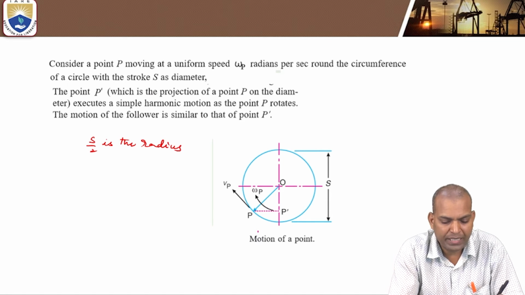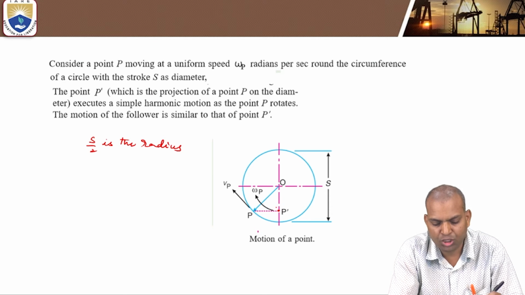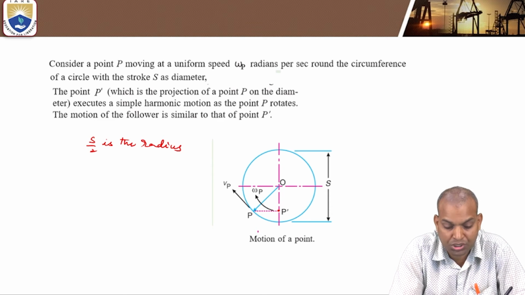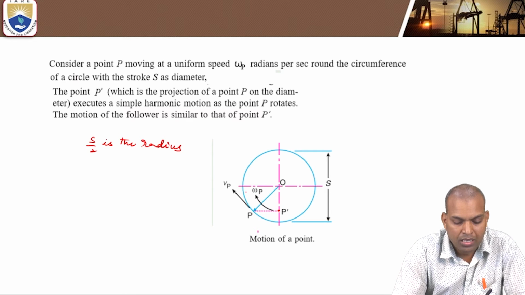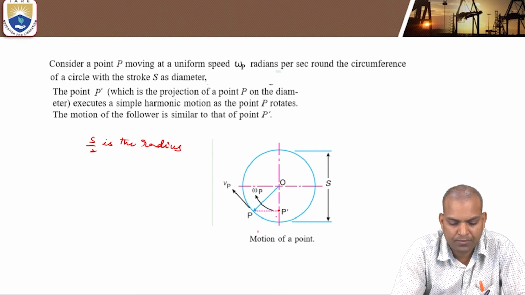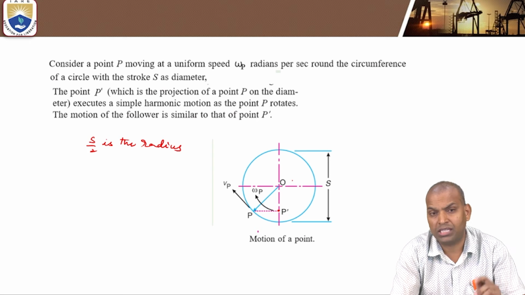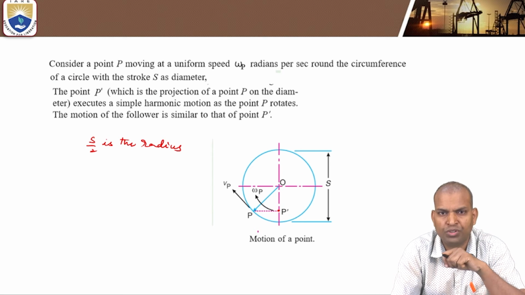Now the point P dash. What is the point P dash? This point P dash is the projection of point P on the diameter. This P dash executes simple harmonic motion as the point P rotates. That motion is known as simple harmonic motion.